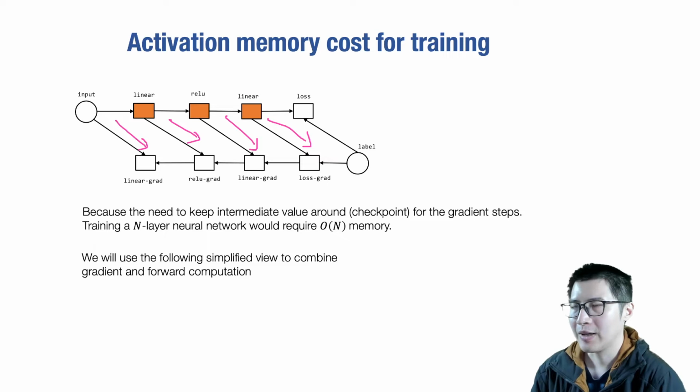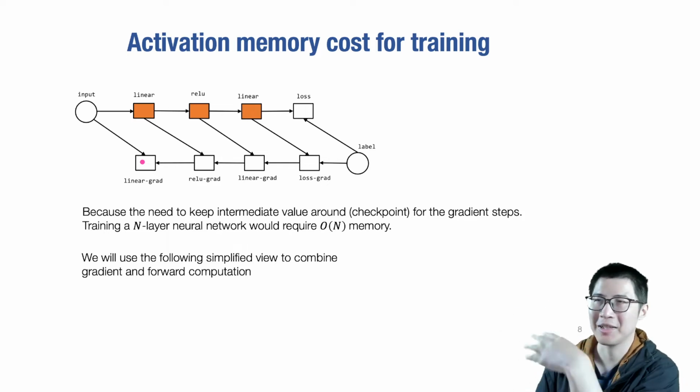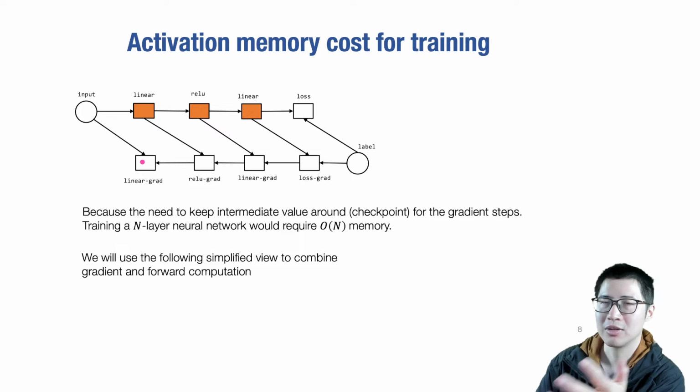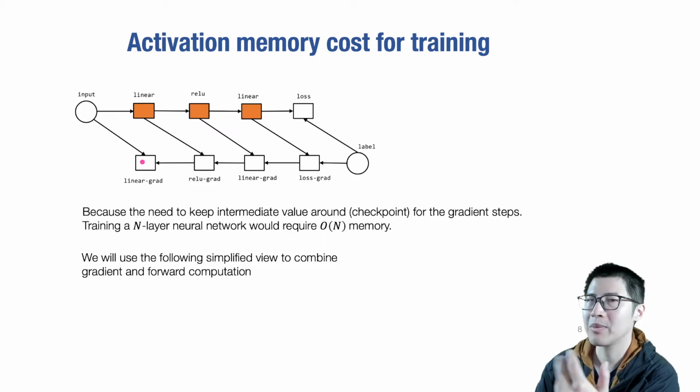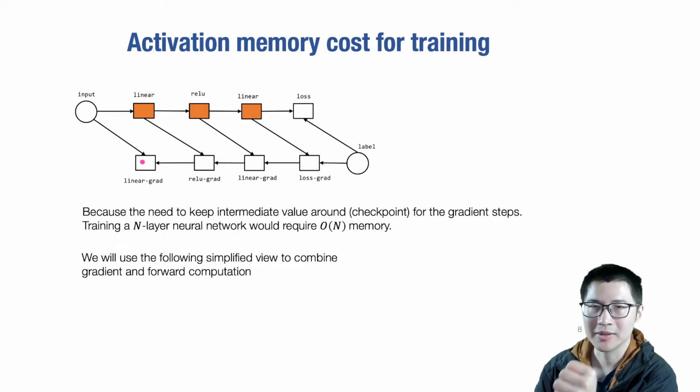So in general, if we directly leverage this automatic differentiation algorithm that contains those ladder dependencies, then in order to train an n-layer neural network, we will need to allocate O of n, right? So the number of activation intermediate storage is going to depend on the number of layers in here.